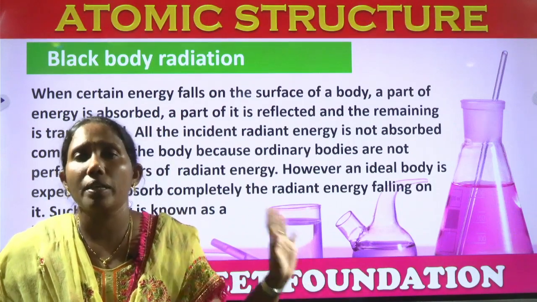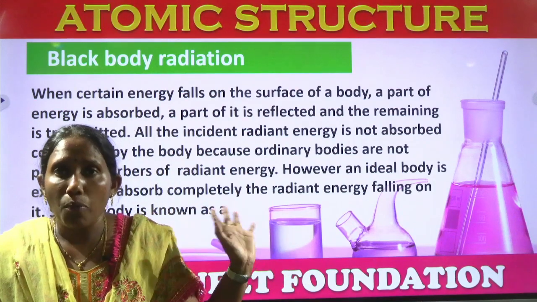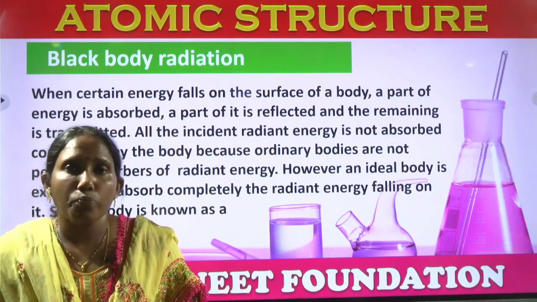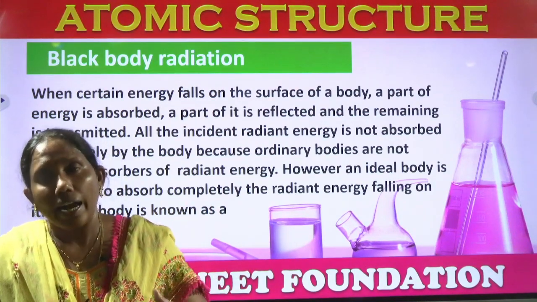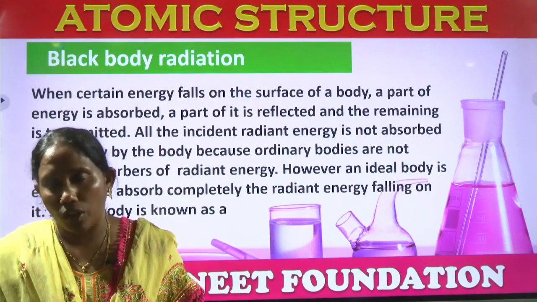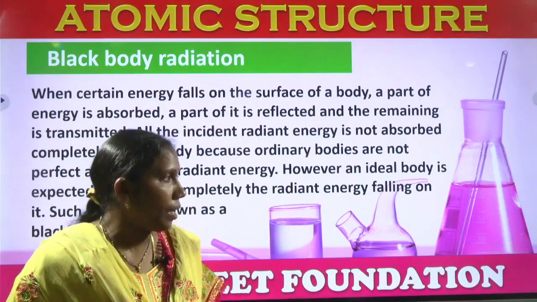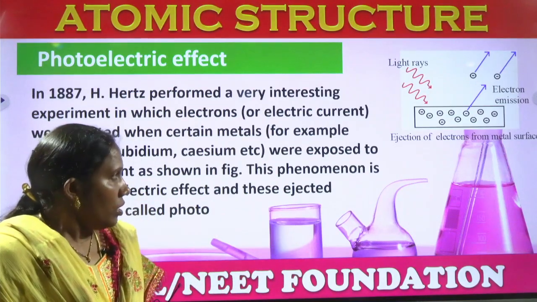Completely means 100%. Such types of bodies are called ordinary bodies. But the bodies which can absorb 100% and which can emit 100% of energy radiation are said to be black body radiations. Okay. Let's come to the next one.